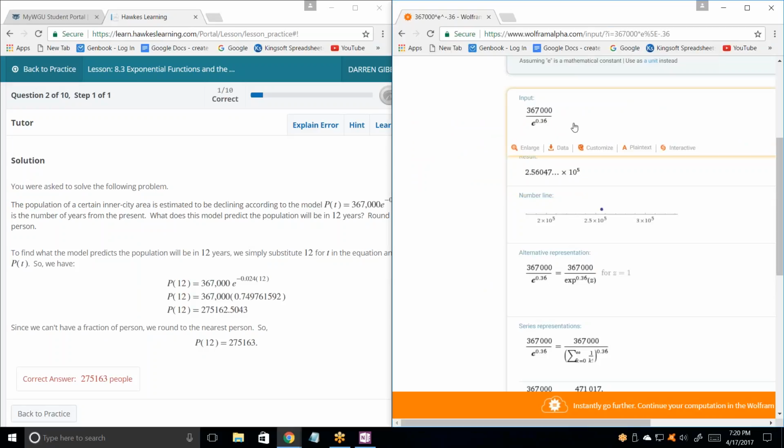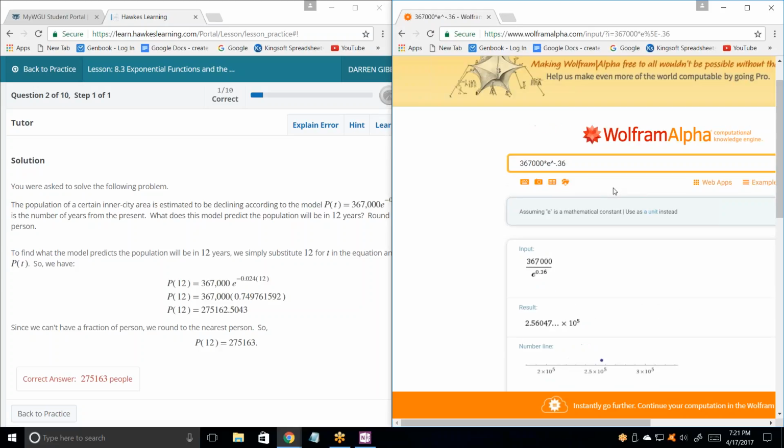That's the same number. The Wolfram Alpha, did I multiply 12 times that wrong? 12 times 24 is 30. No, it isn't 36. That's my problem. So 0.288. 12 times 24 is what? 0.288.